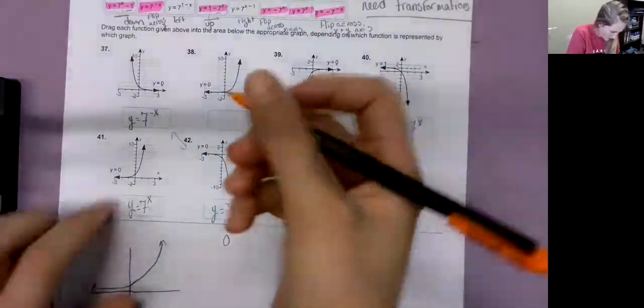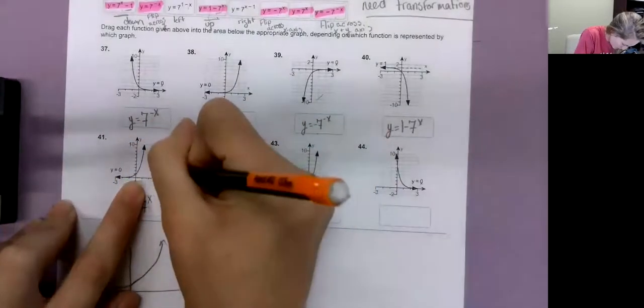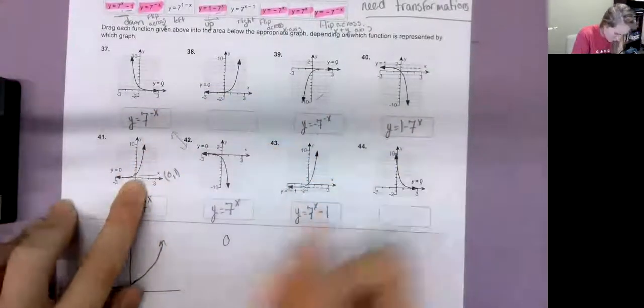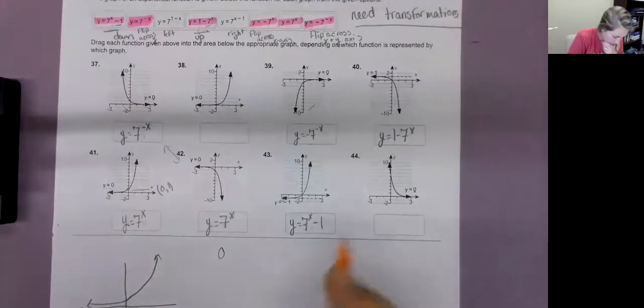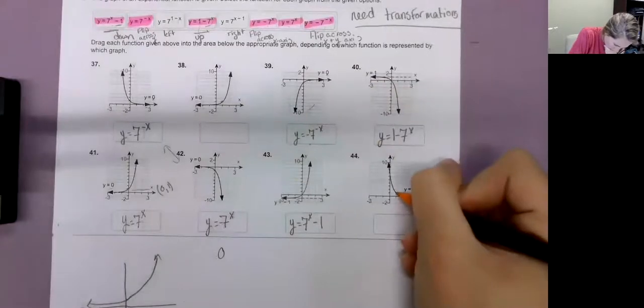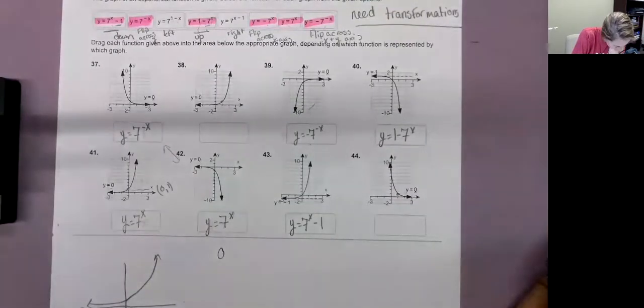And the way to check these is that our normal functions right here should cross at 0, 1. And this is all on that exponential properties paper that's in the truck. So this one crosses right here. Really? And this one does too. That don't look right.